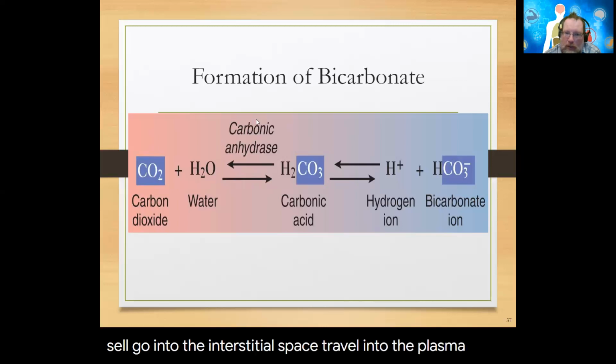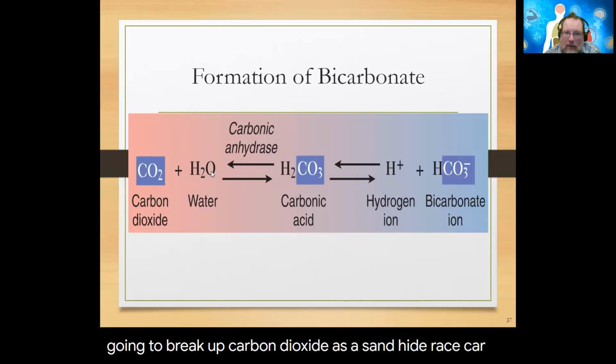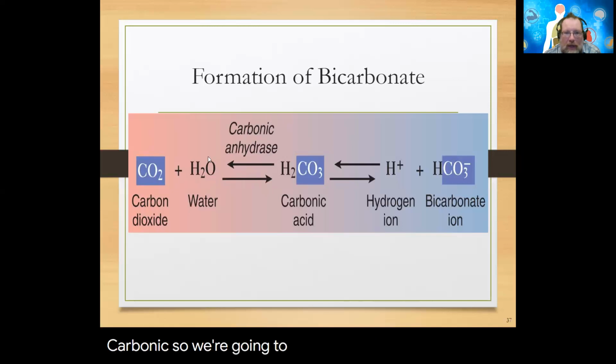En route, we're going to see carbonic anhydrase. Notice it has ASE, so this is some sort of an enzyme that's going to combine carbon dioxide and water. We're going to end up with carbonic acid.